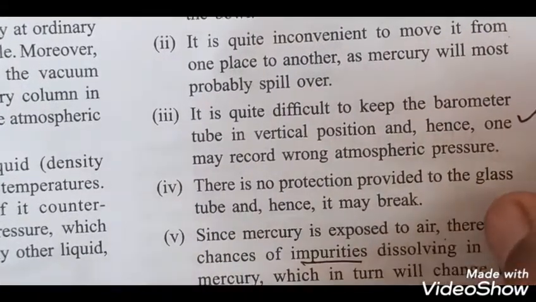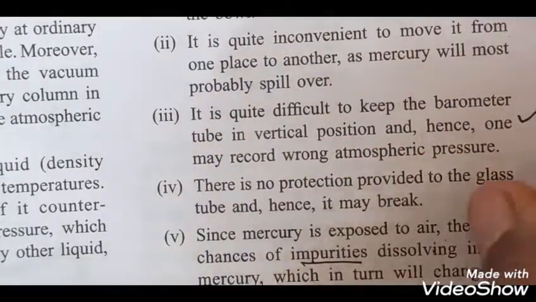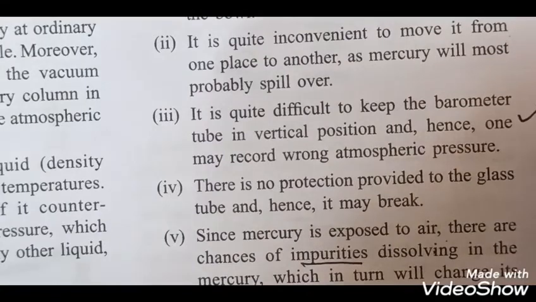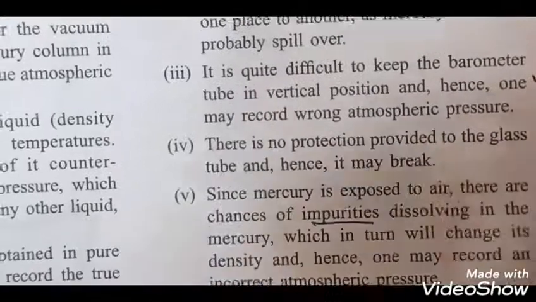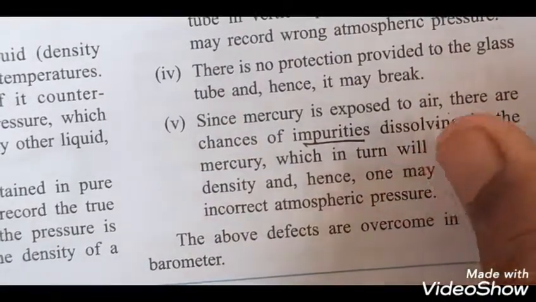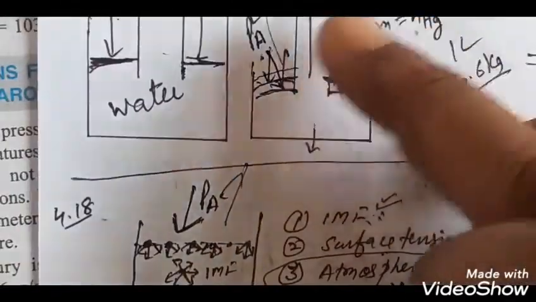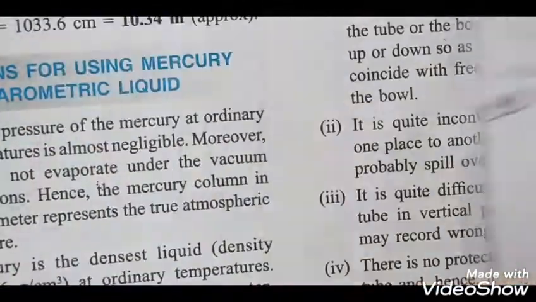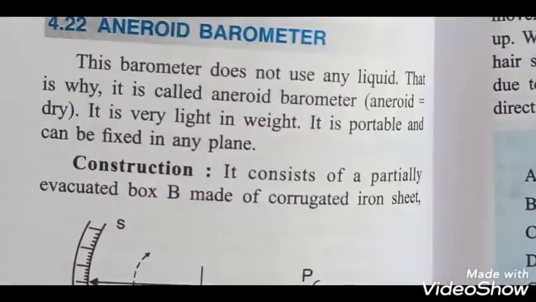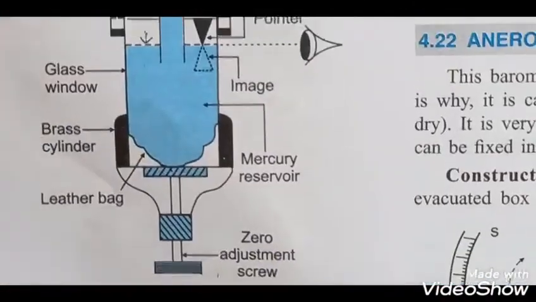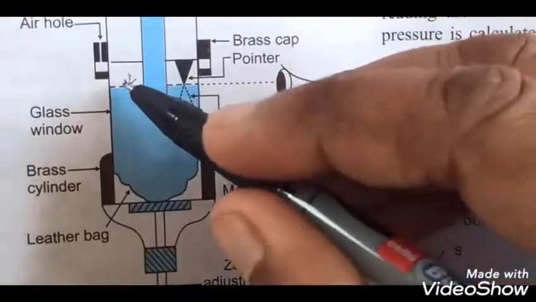There is no protection to the glass in a simple barometer, but now the brass tube is protecting the glass barometric tube. Right? In the simple barometer, mercury is exposed to air, so impurities can enter. But in case of the Fortin barometer, mercury is not exposed to air very much.